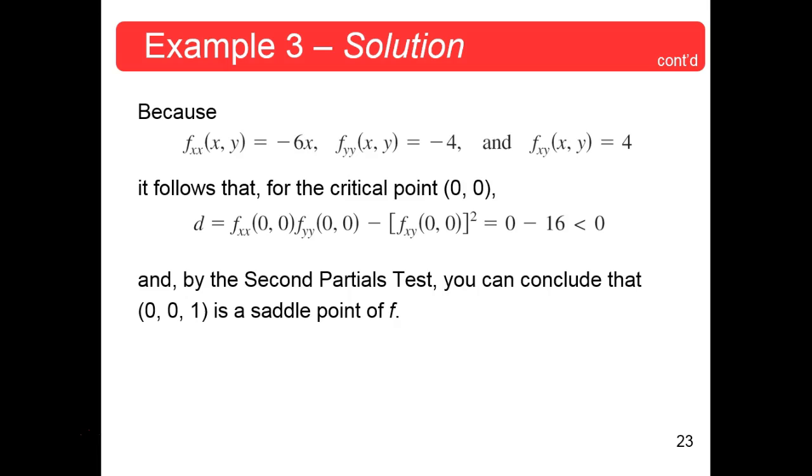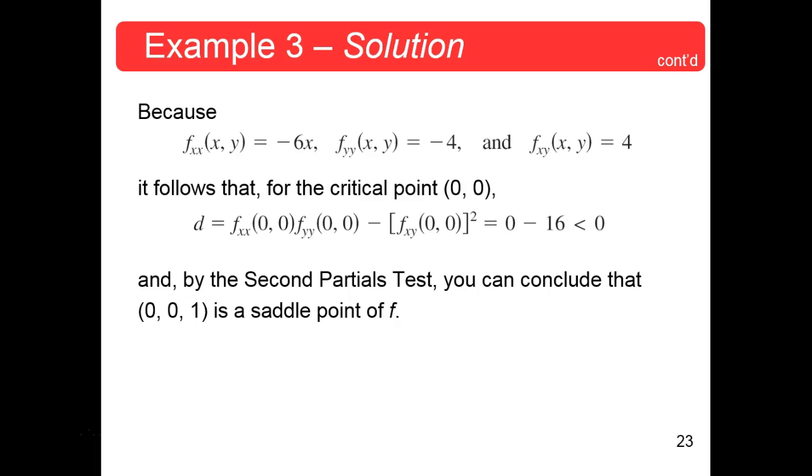So let's start and find that at 0, 0. When x is 0, L sub xx is 0. L sub yy is negative 4. The 0 times negative 4 is 0, and L sub xy squared would be 16. 0 minus 16, that's less than 0. So that means you're going to have a saddle point there.